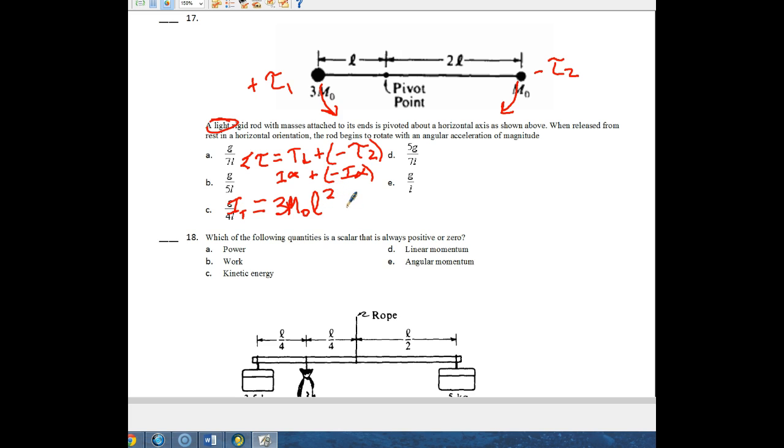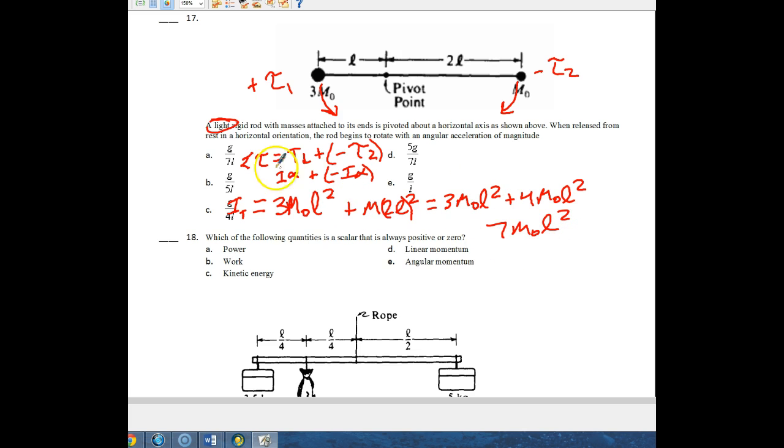And then to that, we're going to add the moment of inertia of the other side, which is equal to MO times 2L squared. So our total moment of inertia is going to be 3MO L squared plus, and then 2 times 2 is 4, that would be 4MO L squared. And so that would be 7 times MO L squared.